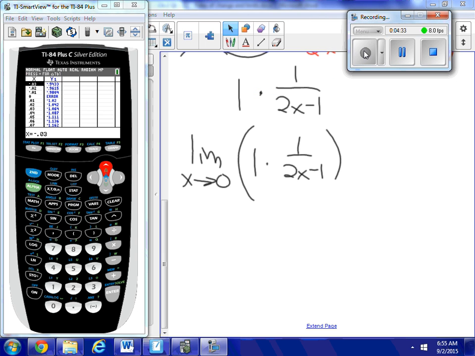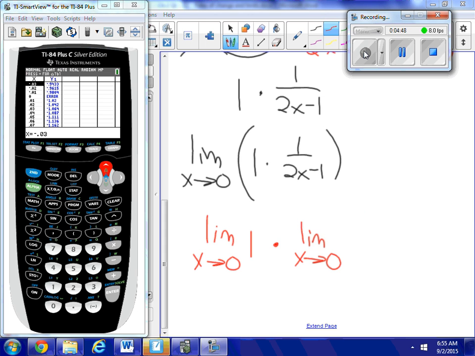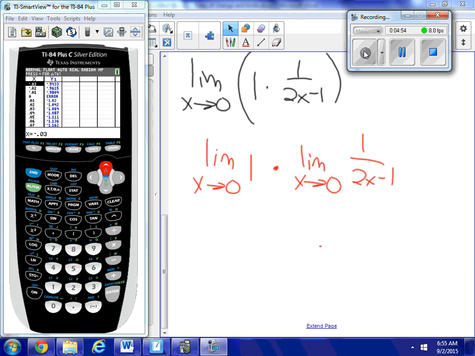And if we use our properties of limits, this is the same thing as the limit as x approaches 0 of 1 times the limit as x approaches 0 of 1 over 2x minus 1. Well, the limit as x approaches anything of a constant is the constant. So that's 1.